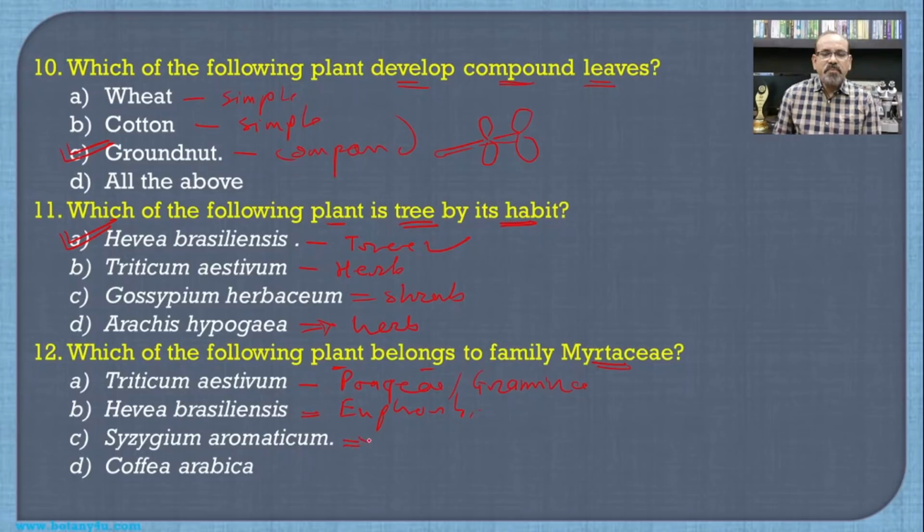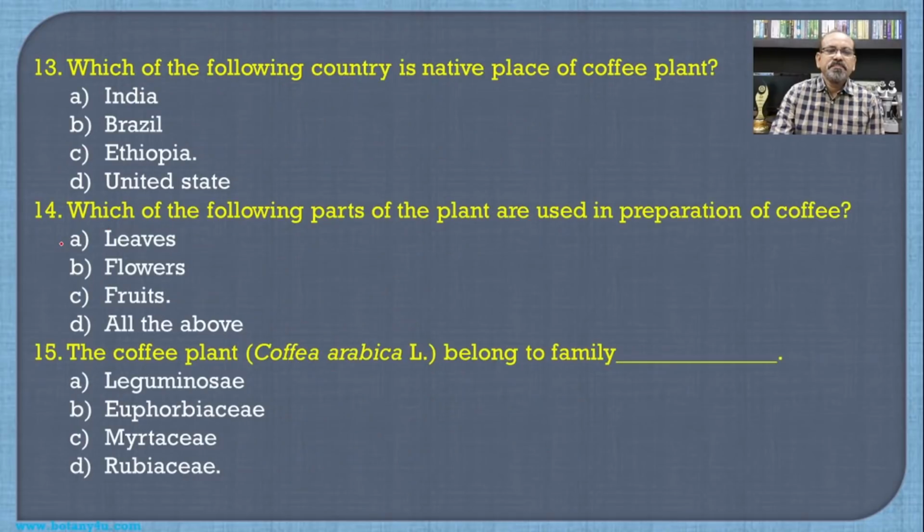Then Syzygium aromaticum of the family Myrtaceae, and Coffea arabica, that is family Rubiaceae. So the question asks the Myrtaceae, that is the Syzygium aromaticum, that is the clove plant, which is responsible for the production of the spice, which is the answer for this question.